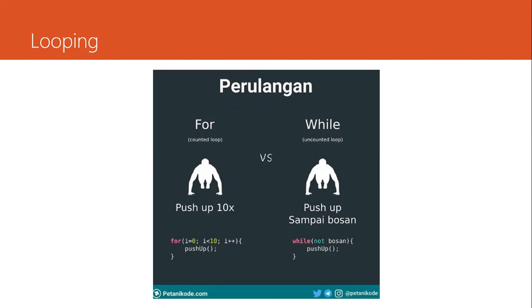So the number of push ups he will do, we still don't know. Maybe one person can do 10 push ups, or another person can do 100 push ups, we don't know. So if we don't know, we can use while.